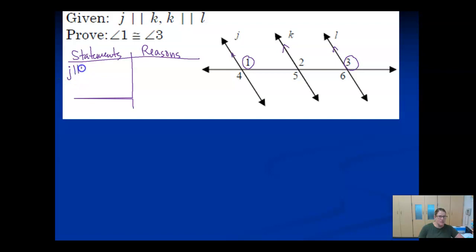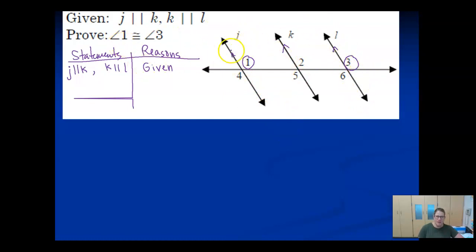So J is parallel to K and K is parallel to L, and the reason I can make that claim is because that was given information. Okay, so now it looks to me like I need to know that J and L are parallel so that I can claim these are corresponding angles. Because 1 and 3 are corresponding angles if J is parallel to L.